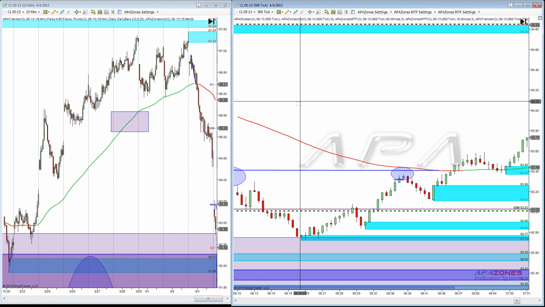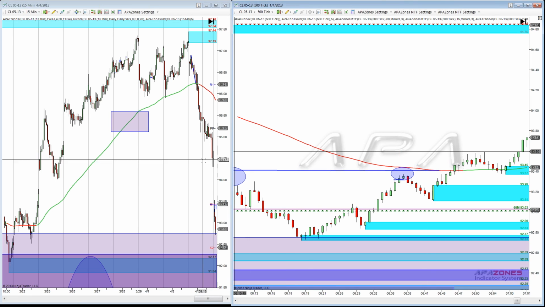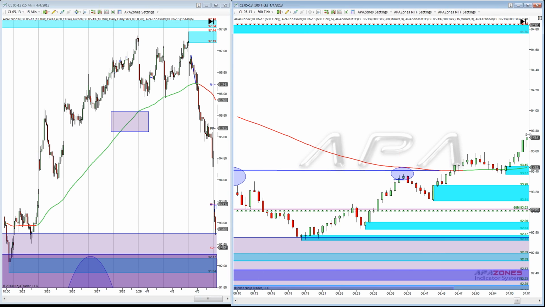And if we do have a target up here, it would be something like the gap fill, at maybe the 94.30 area. It's still a little ways to go up there, but anything's possible. So that would be your target, if you were to get in off of the zone right here.